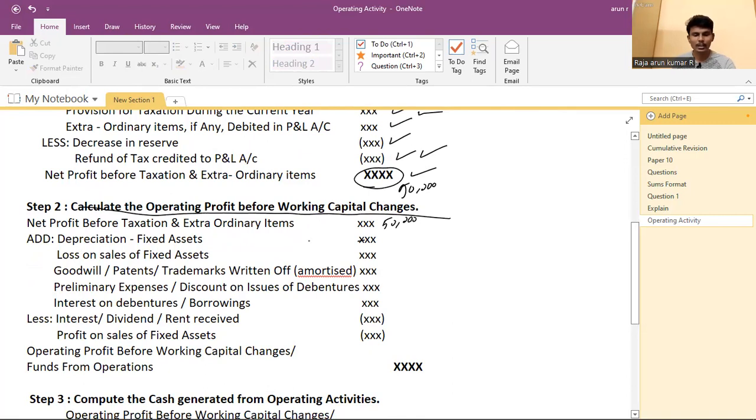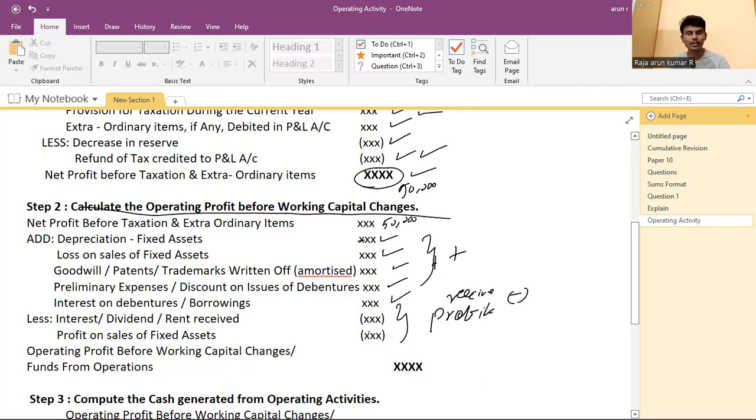Okay, add the depreciation for the fixed asset, loss on sale of fixed asset, goodwill, patent right written off, other preliminary expenses, discount on issue of debentures, interest on debentures and borrowings, like that. You add all this and less the profit on sale of fixed asset, and interest, dividend, rent received, any other receivable income, indirect incomes, you less it.